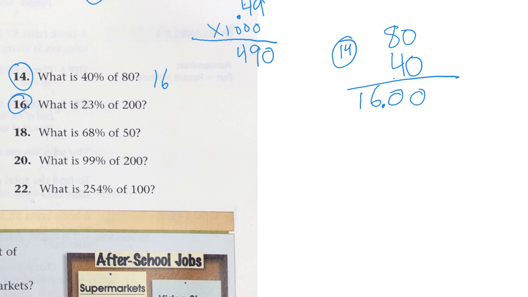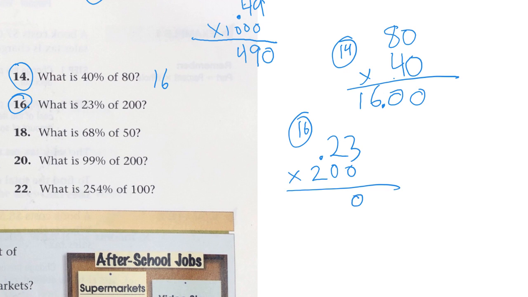Well, let's do number 16 now. 23% is 23 hundredths. 23% of 200. I forgot to put the multiplication symbol. So 0 times 0, 0 times 23, 0 times 23 for this one.